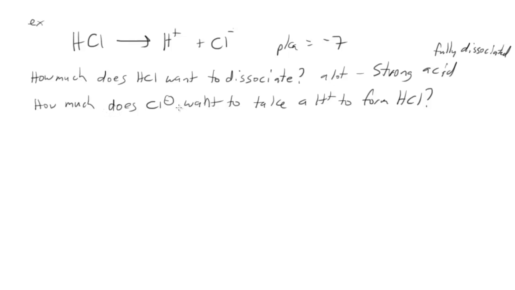The next question asks you to go a step farther than what we've talked about so far, and it asks, how much does chloride want to take a proton to form HCl? If HCl is a strong acid, and that means that this is favored over here on this side 10 million times to 1, if I take a chloride and I put it in with protons, it really doesn't want to take that proton to reform HCl. So chloride does not want a proton. And so what we'd say about chloride is that chloride is a negligible base.